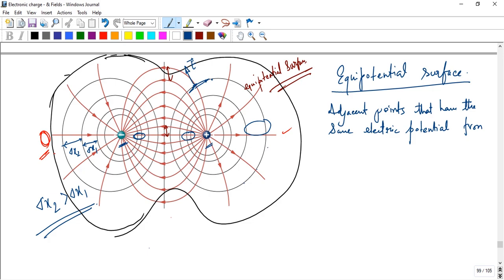If you calculate the potential first and get a huge number of points, say 10,000, with the same potential value, then joining those points we get a surface. That surface is called an equipotential surface.